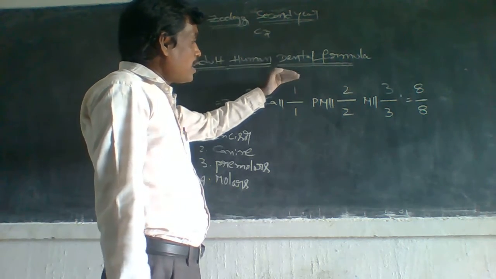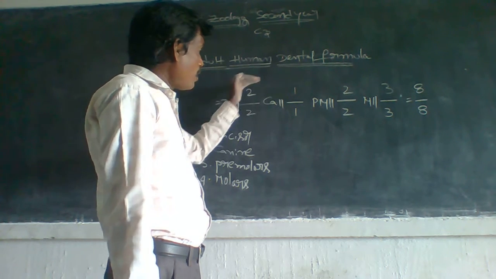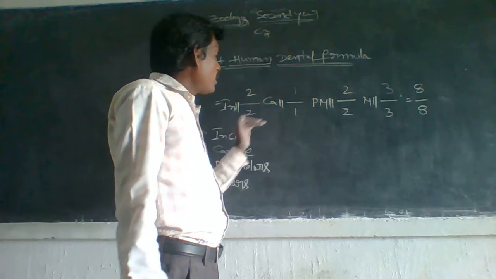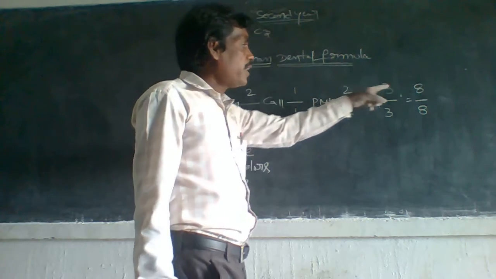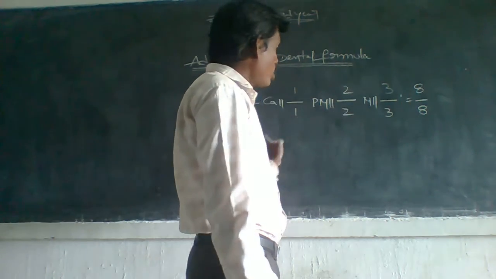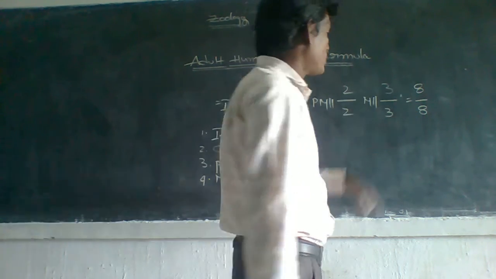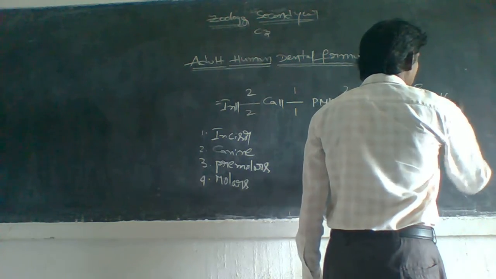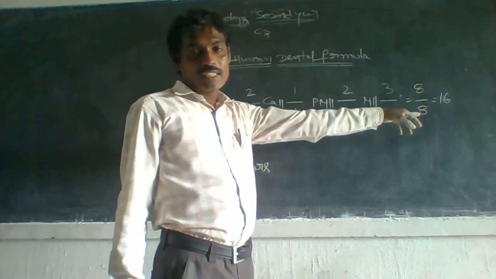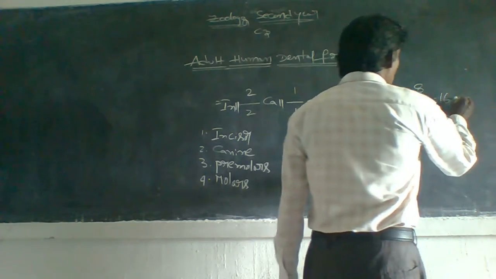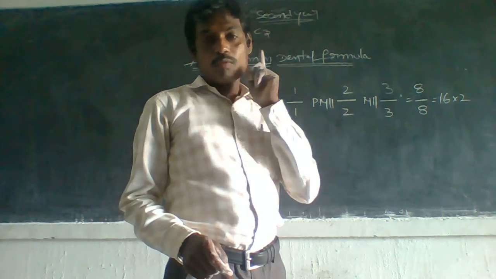So the upper half of the jaw has 8 teeth, and the lower half of the jaw has 8. 8 plus 8 equals 16.